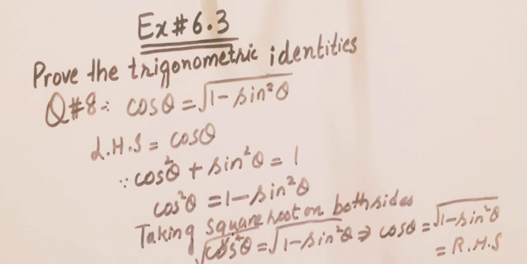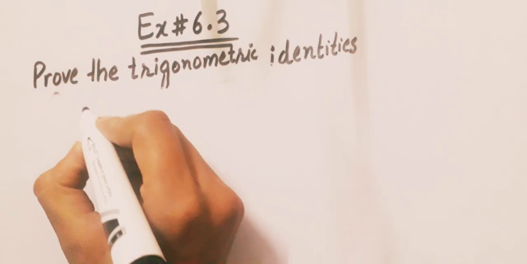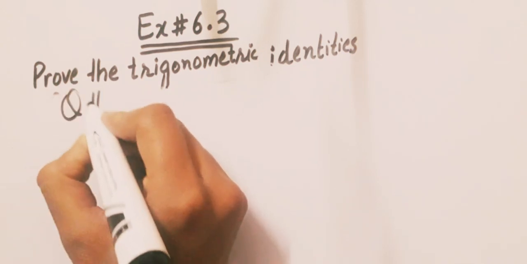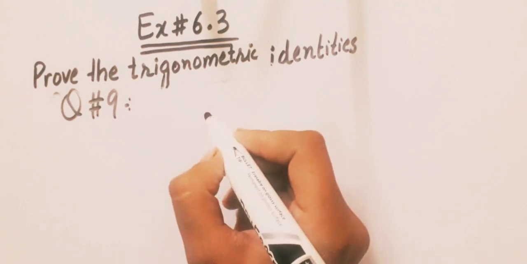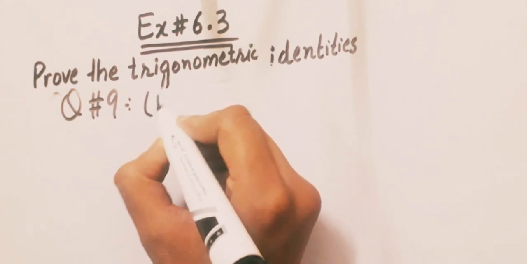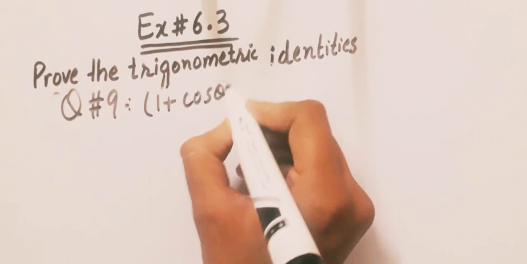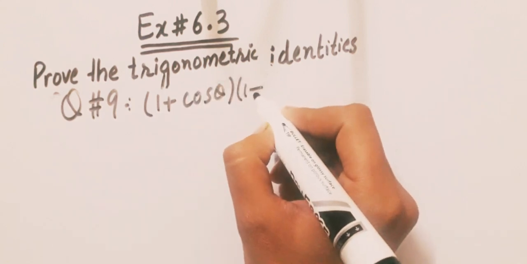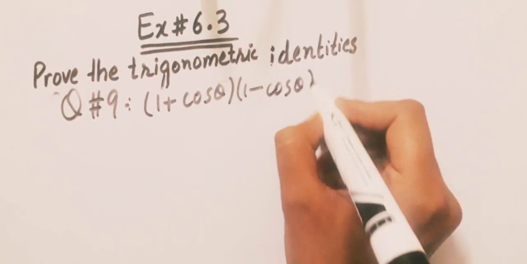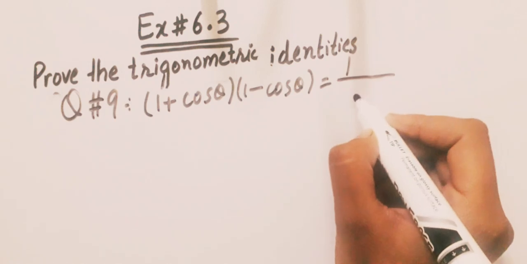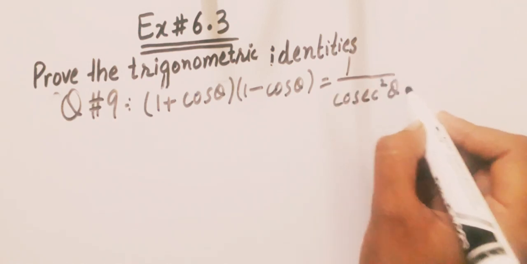Now we will solve question number 9. In question number 9, we have (1 plus cos of theta)(1 minus cos of theta) is equal to 1 over cosecant square theta.